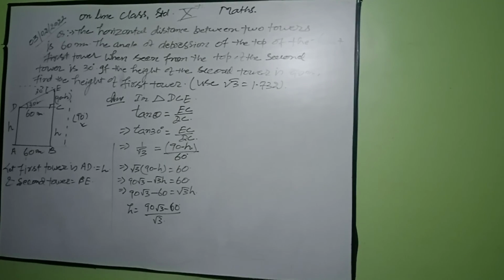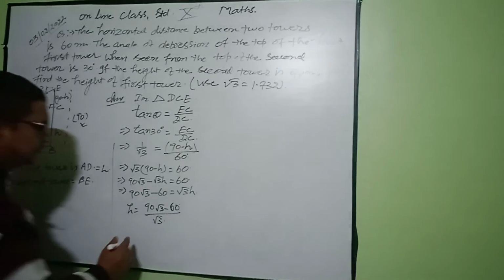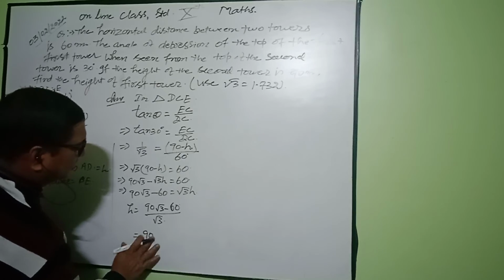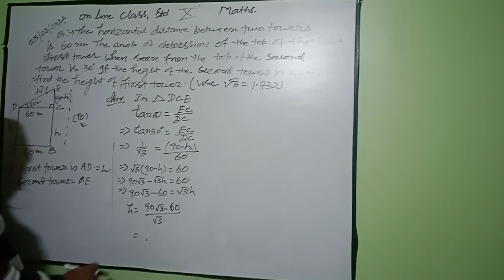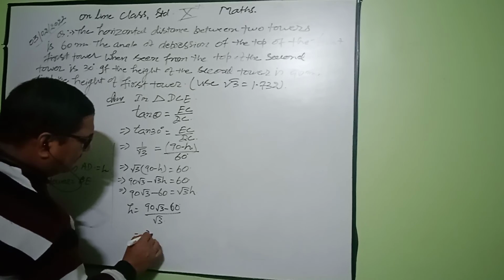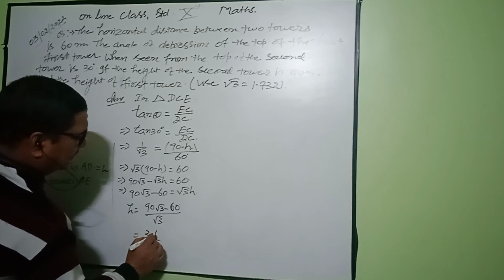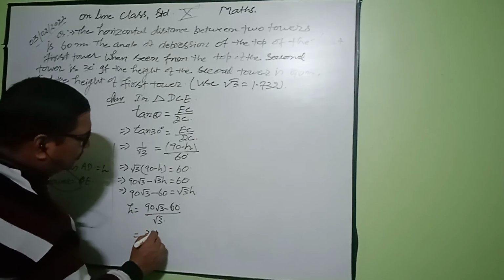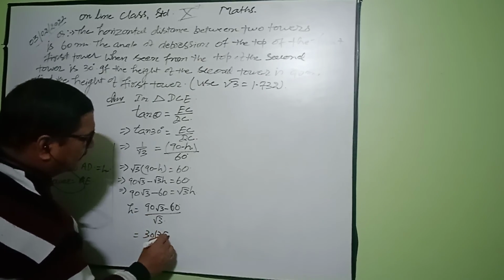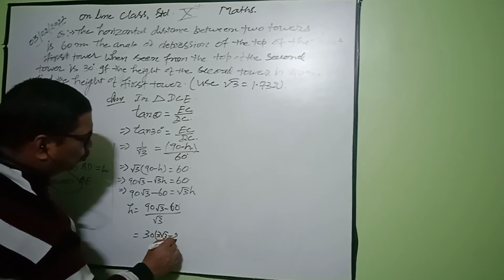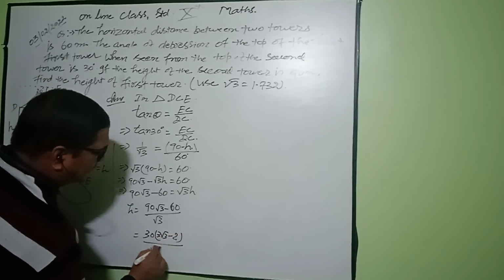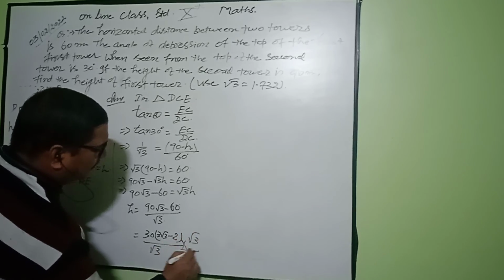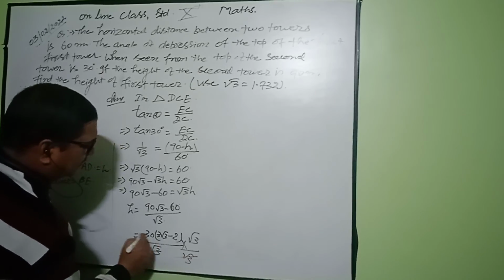Now rationalizing this, we can take 30 as a common, then 3 root 3 minus 2 by root 3. This will be 10.